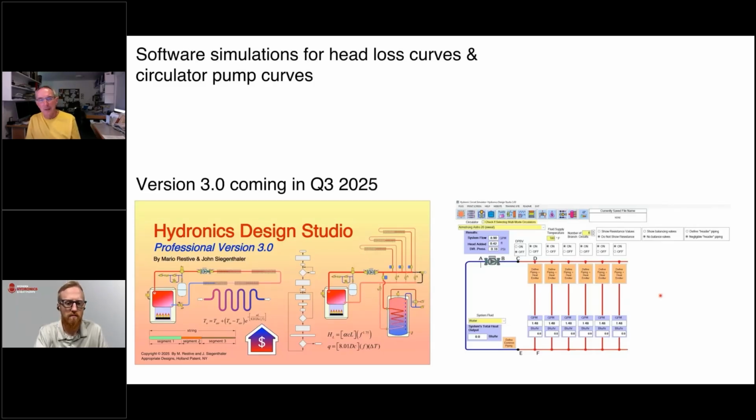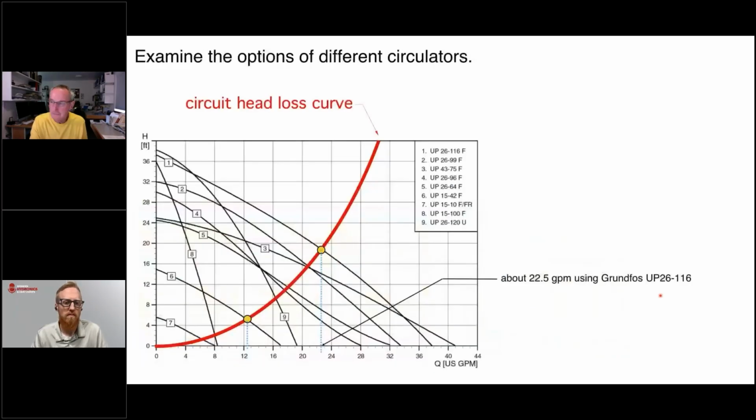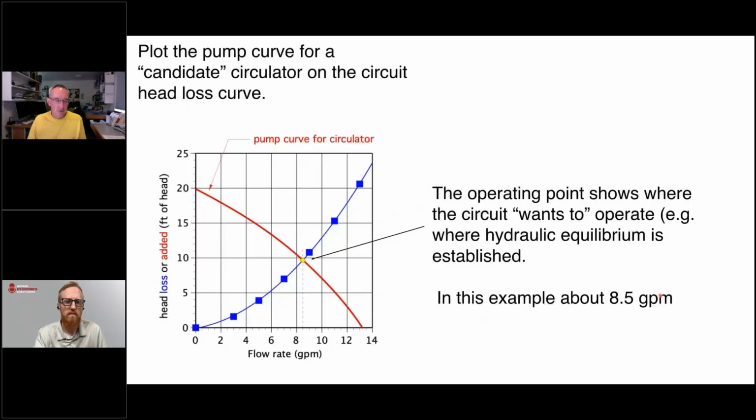But if I go back to that picture, let me just back up here a minute. This point is always a given for a closed fluid-filled circuit. You're always going to have zero head loss at zero flow rate, so that's an intrinsic point. 1, 2, 3, 4, 5, 6. That's plenty.